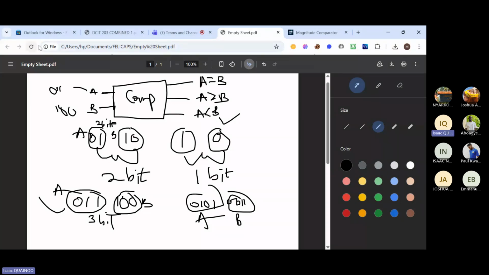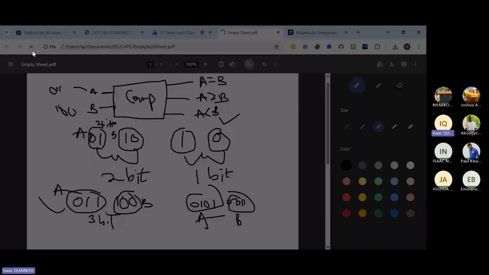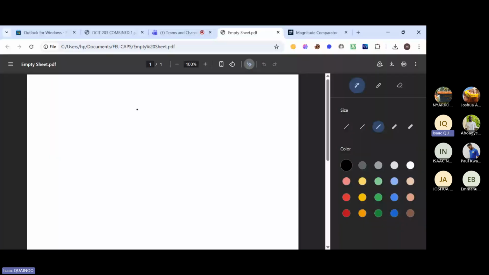So before we look at the truth table for a 2-bit magnitude comparator, please can someone tell us what a 2-bit magnitude comparator is? And then we use the definition to draw the block diagram.